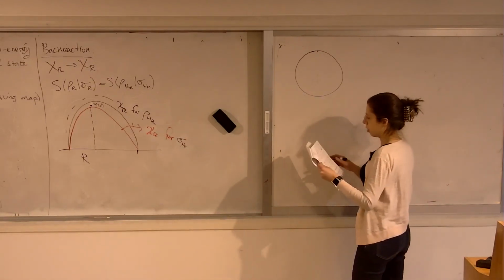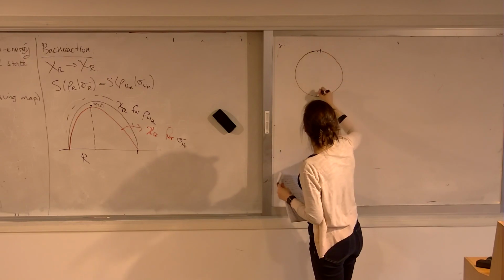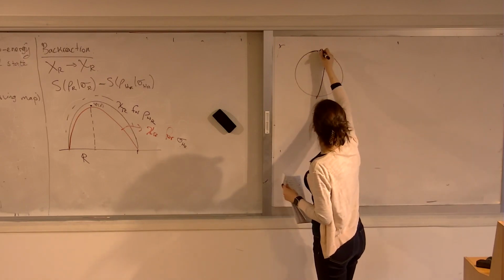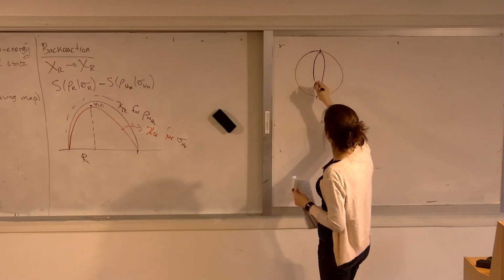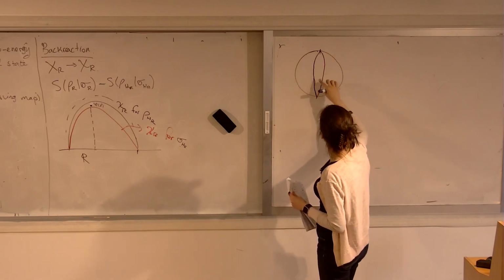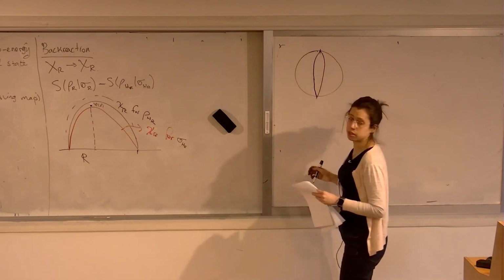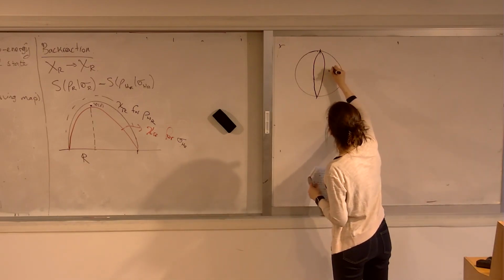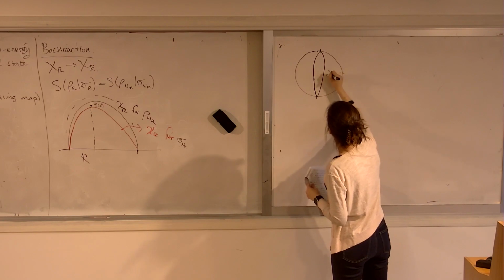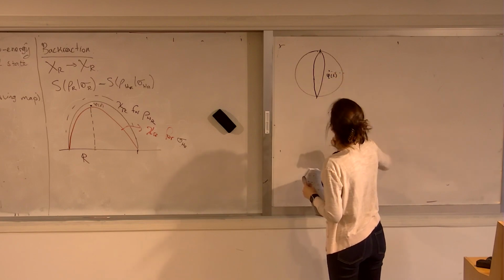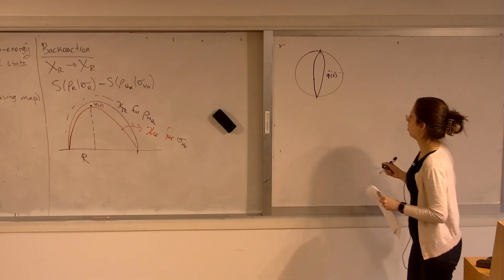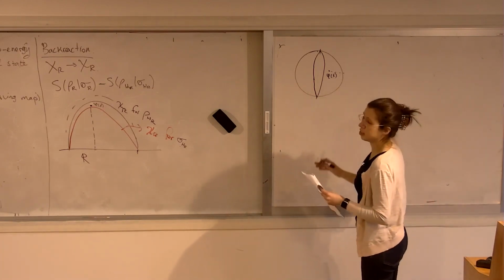In particular, if we have two quantum extremal surfaces corresponding to two different states in our code subspace, and we turn on an operator, phi of x here, which is the operator we're interested in reconstructing, then we can reconstruct it in either one of these two states.